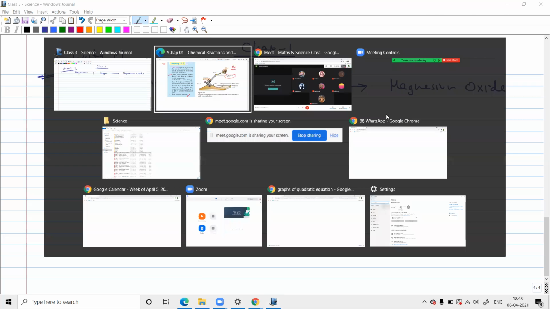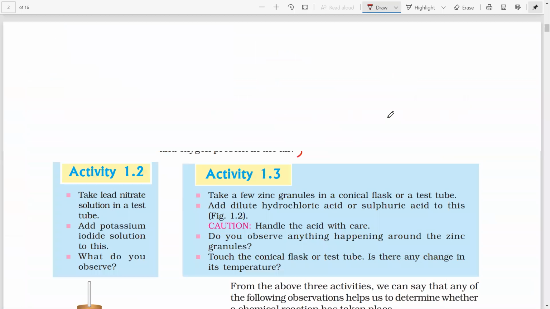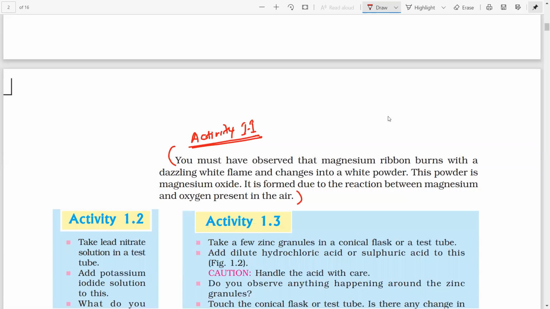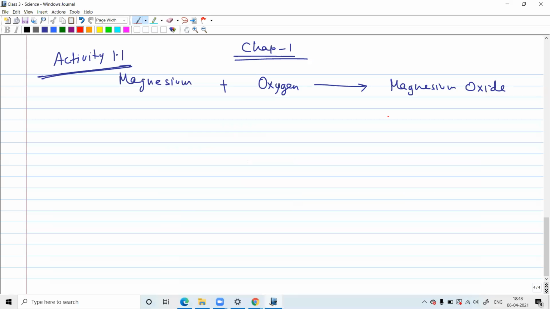The words they have used over here is white powder. So whenever you read the NCERT book, make note of all these wordings also, because they will ask you questions like, you take some compound and you burn it in presence of oxygen and some white powder is formed. They will not tell you that it's a magnesium ribbon or you are doing some activity.